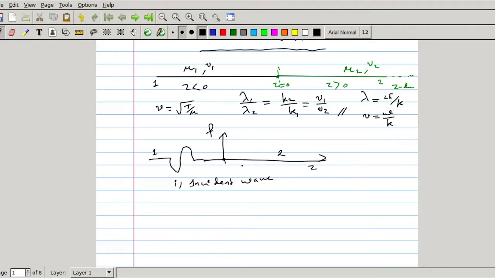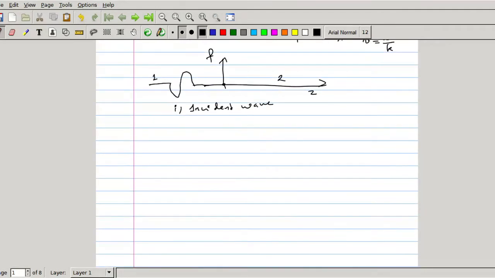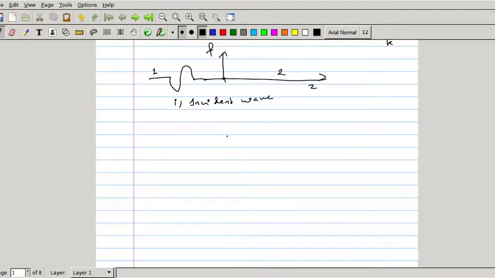From this knot, some part of the wave will be reflected and some part will be transmitted. So this is the reflected wave, and this one is the transmitted wave, as in Figure 2.